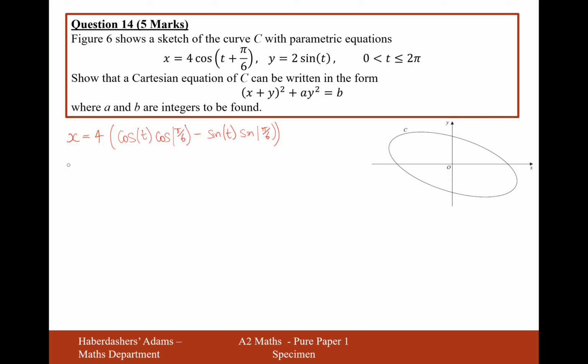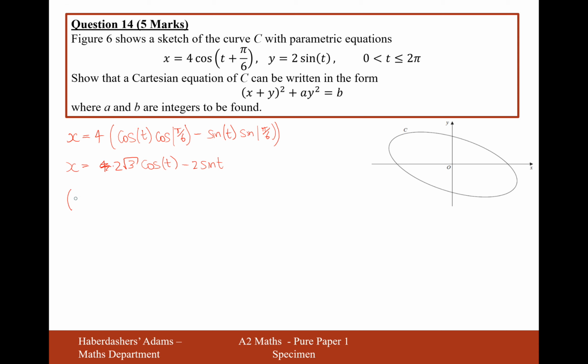We all know our 30-degree angles off by heart. This is going to be 4 cos of pi by 6, that is root 3 over 2, so it's going to be 4 root 3 over 2, so it'll be 2 root 3 cos t. And then sine of pi by 6, sine of 30 is a half, so this is going to be minus 2 sine t.